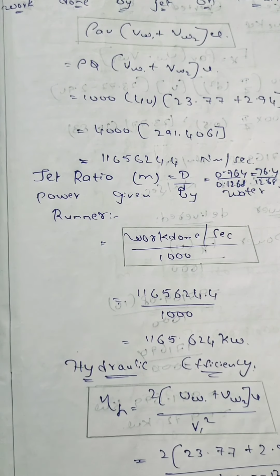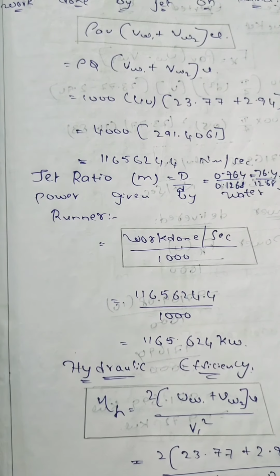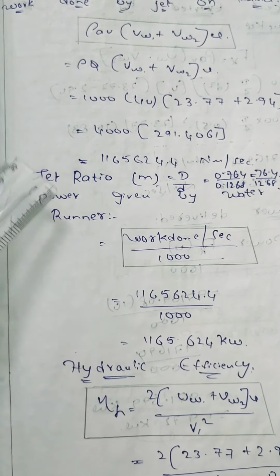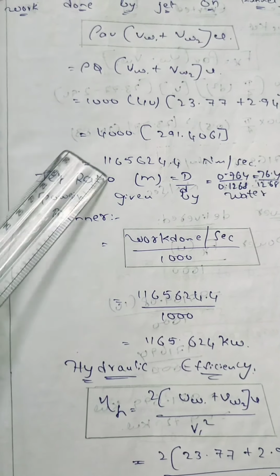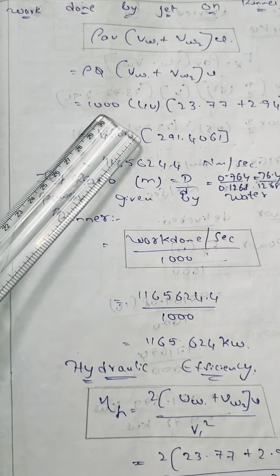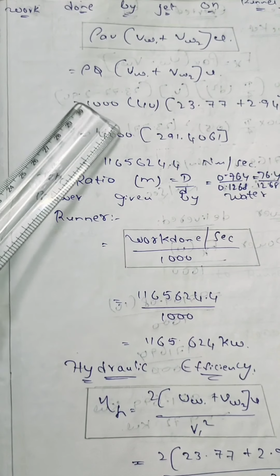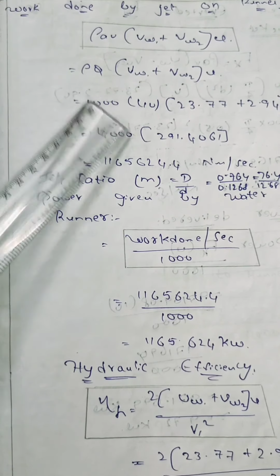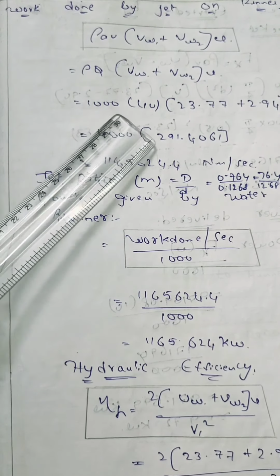Next, we have to substitute. So rho into Q into (VW1 plus VW2) into U. Density of the water is 997 kg per meter cube, approximately 1000. Q equals 40, VW1 equals 23.77 and VW2 equals 2.94. How did we get VW2?